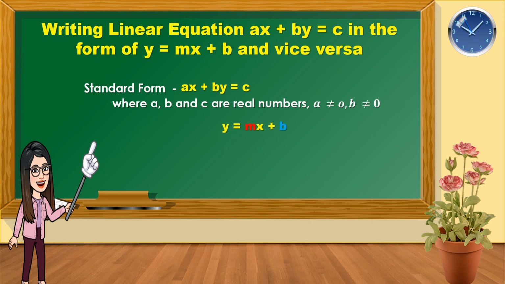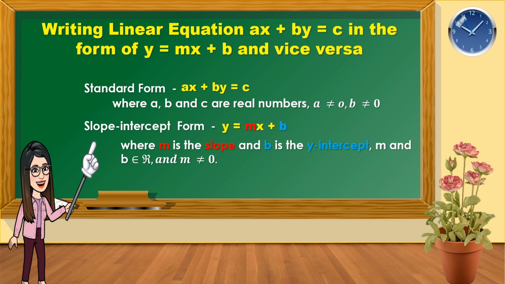Y is equal to mx plus b is slope-intercept form, where m is the slope and b is the y-intercept. M and b are elements of real numbers, and m is not equal to 0.